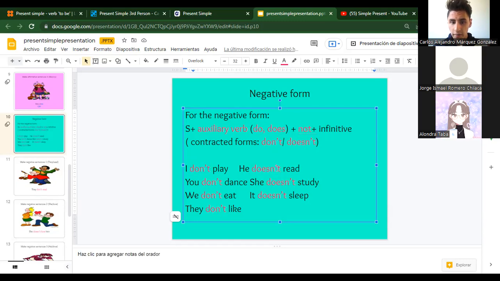We can also, in those examples, I brought these sentences using the contracted form, okay? I don't play. But remember that we can also say, I do not write.